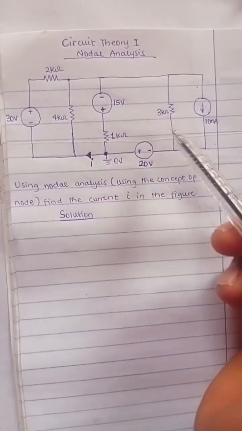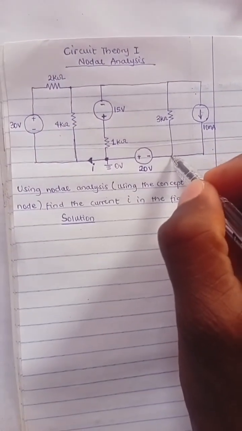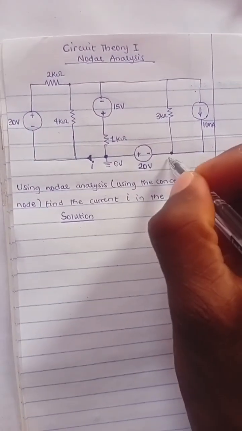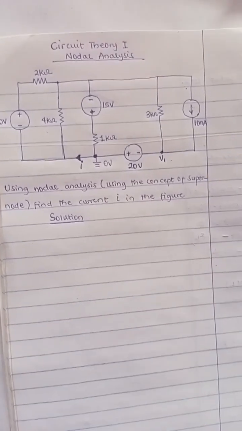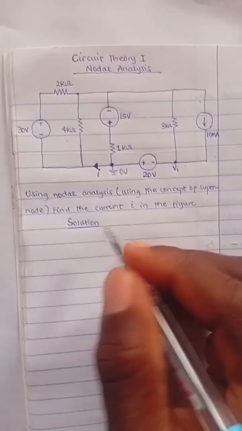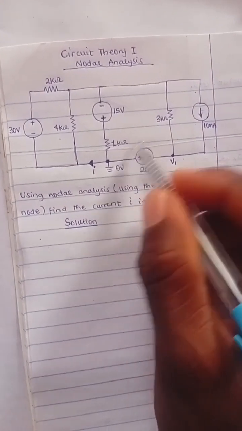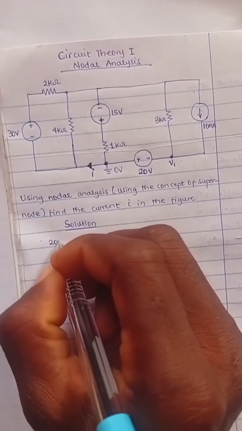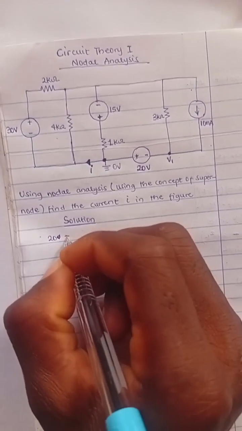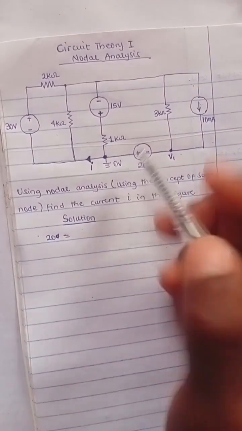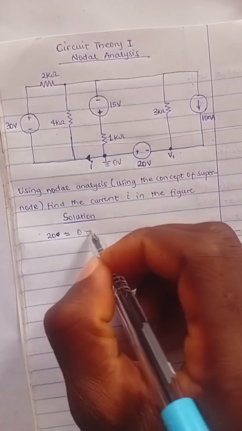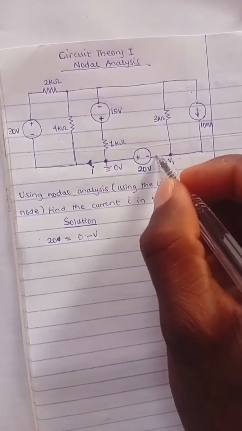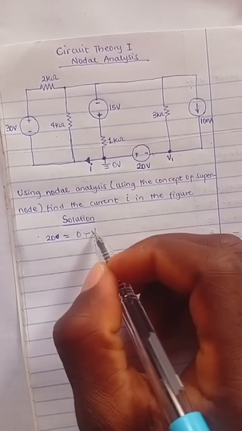I'll take it one step at a time, and let's label this node here V1. If we label that place V1, then the voltage at the positive side of this voltage source, 20 volts, is equal to the voltage at the positive side, which is V1 minus the voltage at the negative side, which is 0. Because this node is V1, that means this node is also V1.